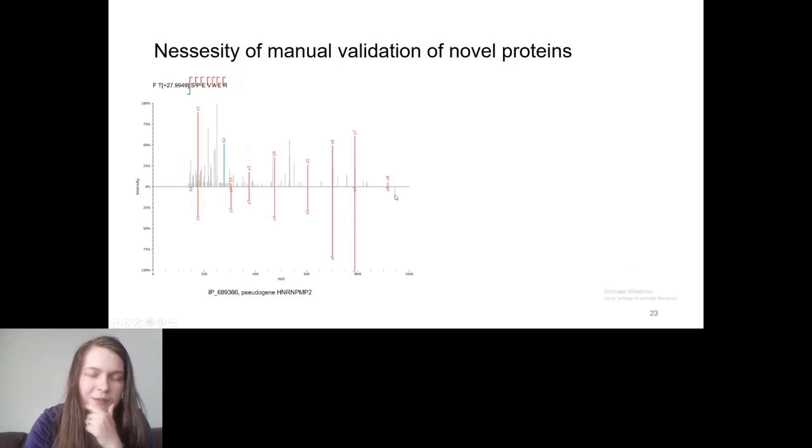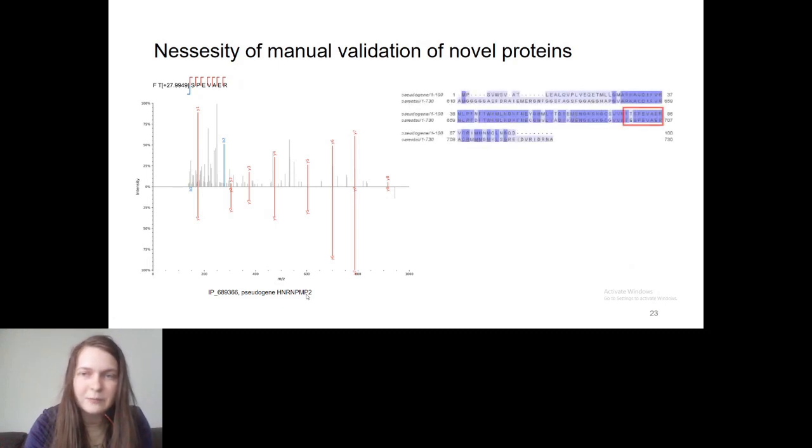This PSM has good coverage and comes from a peptide of a pseudogenic protein. If we compare its protein sequence to the parental gene protein through the alignment, we can find our peptide here.